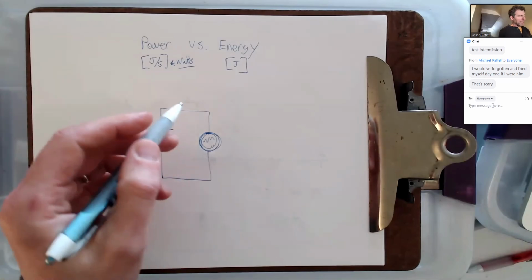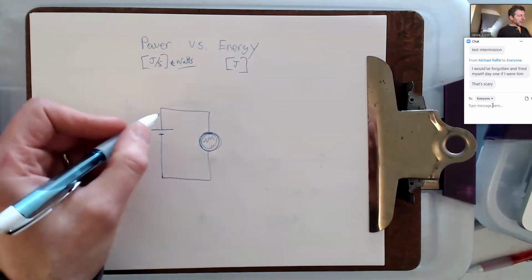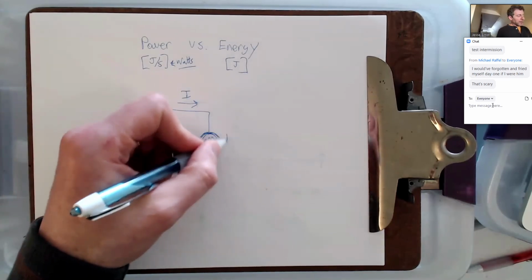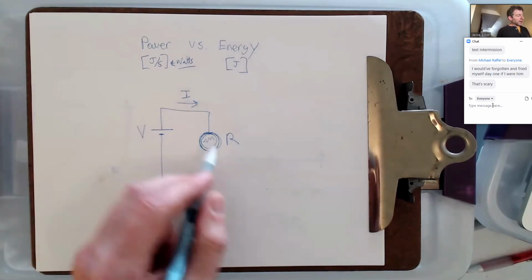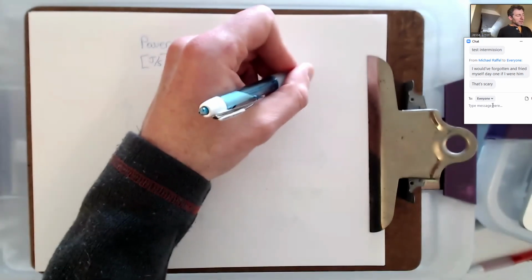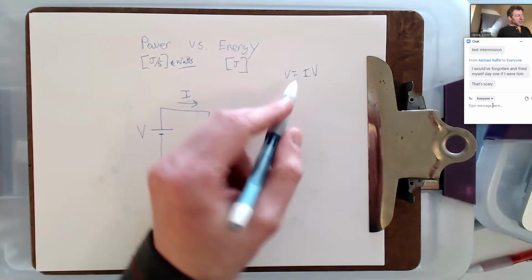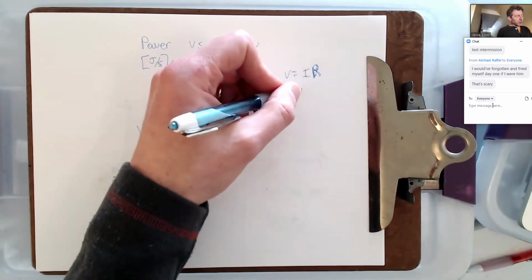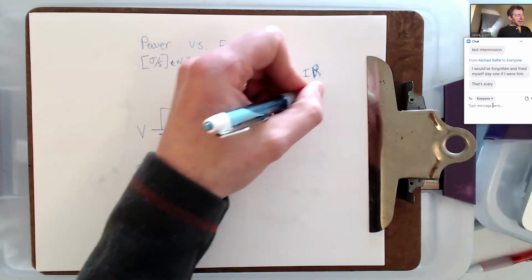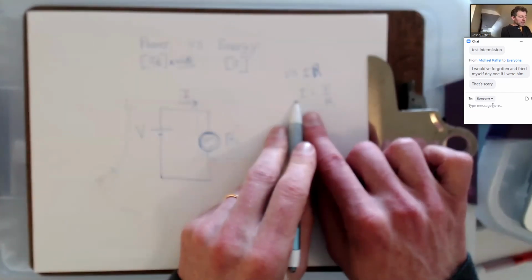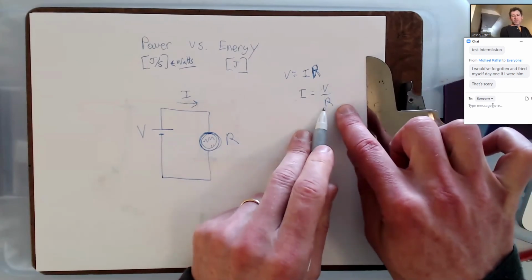We'll talk more about that next Thursday. There's some current going through it, and it has some resistance R. If this is an ohmic material, then we can use V equals IR. I actually prefer to look at that as I equals V over R. It makes more sense to me because the current is the result of a voltage across some resistor.